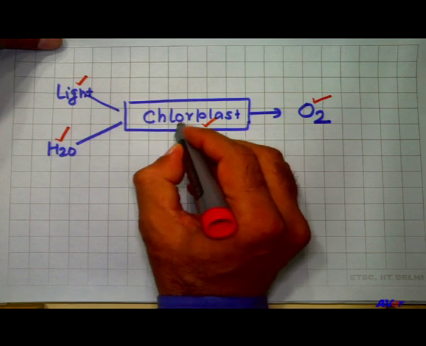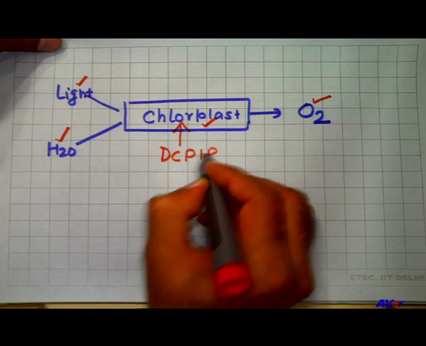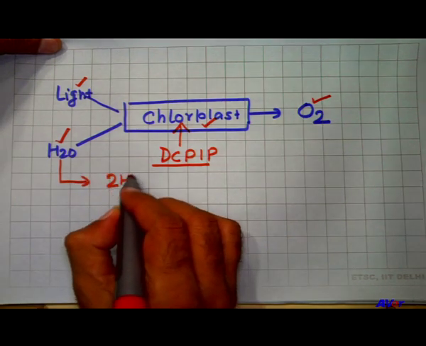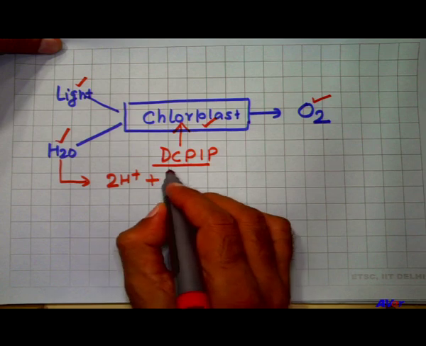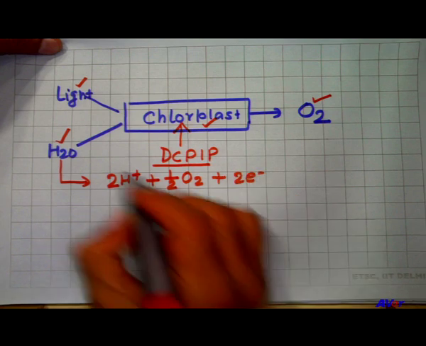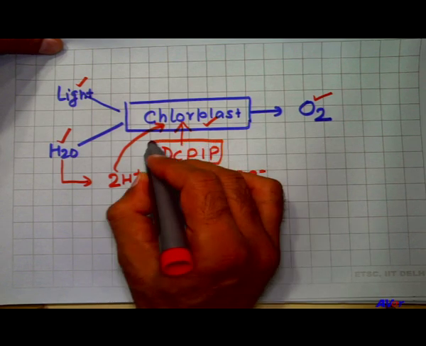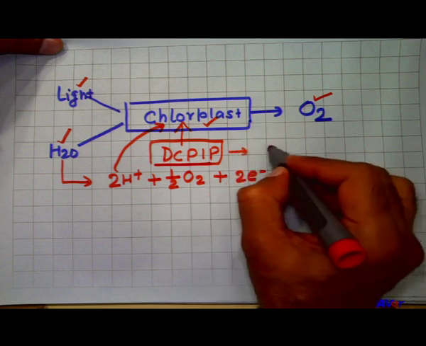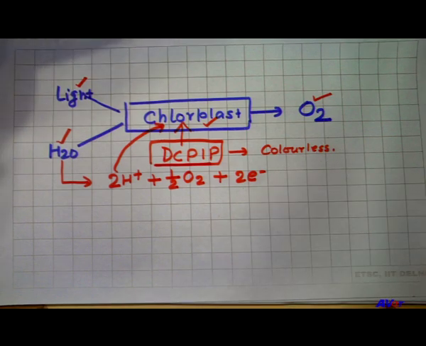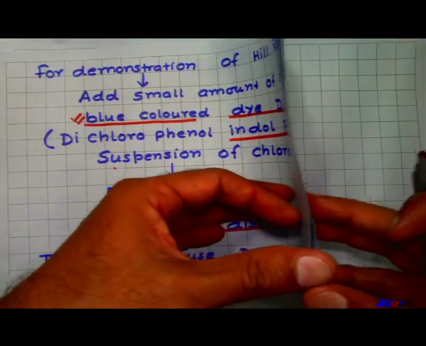When this chloroplast is added with DCPIP, the water breaks down, and the electron and hydrogen reduce the DCPIP and it becomes colorless. So, in this way we can demonstrate the chloroplast and photolysis of water.